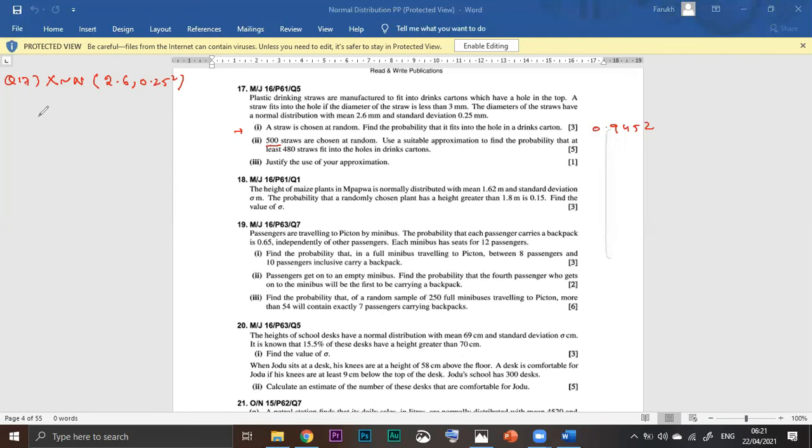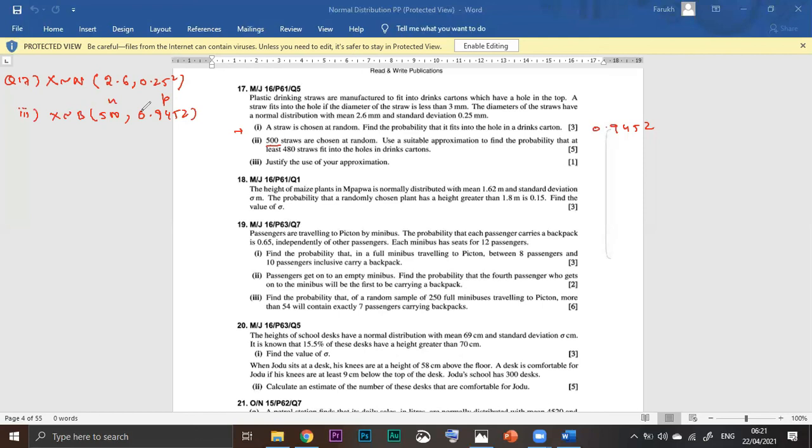X is a binomial distribution with n equal to 500, we have 500 straws, and the probability of success is 0.9452.